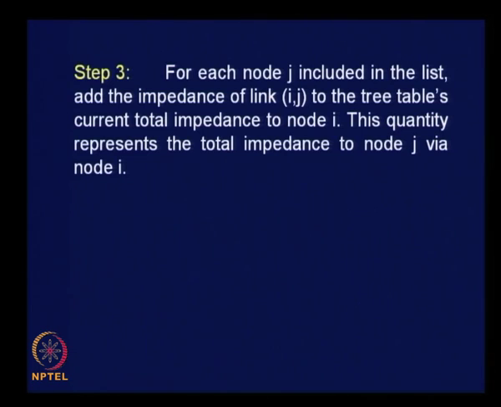Step 3: for each node j included in the list, add the impedance of link ij to the tree table's current total impedance to node I. This quantity represents the total impedance to node j via node I. It simply represents the process of proceeding further, identifying the nearest node and considering that node as node I to proceed further.